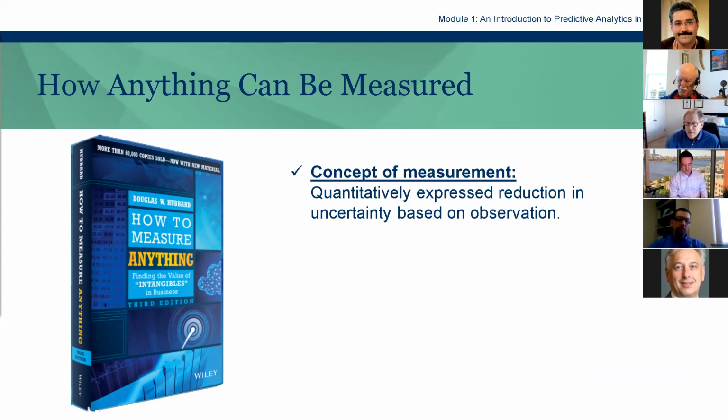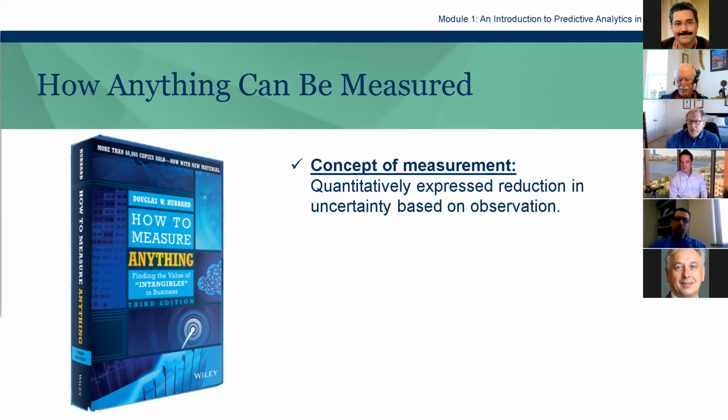The key points are that there are three main arguments that some things just cannot be measured. There's the concept of measurement being misunderstood. Instead, if we look at measurement as a quantitatively expressed reduction in uncertainty based on observation, then all of a sudden that releases a lot of things that can be measured that maybe we thought couldn't be measured.